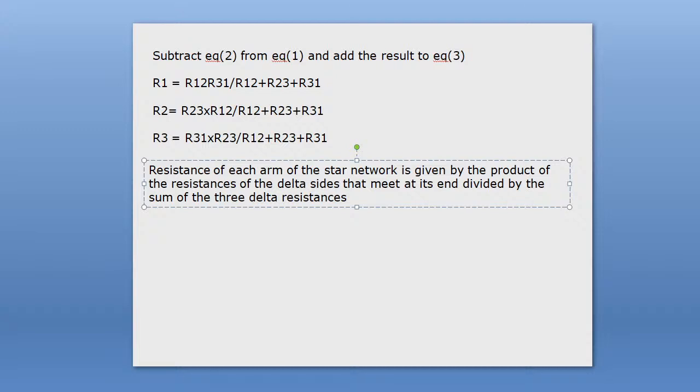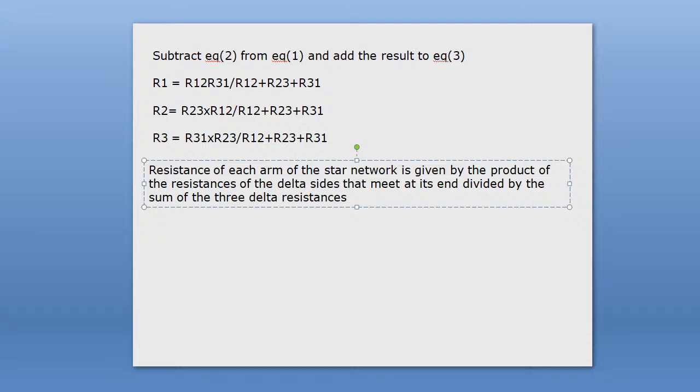So R3 resistance of star network is ratio of the product of resistance R31 and R23 divided by sum of all three resistance. And similarly, if we consider terminal 2 for delta network, two resistance are connected, that is R12 and R23. The product terms will involve R12 and R23 resistances.